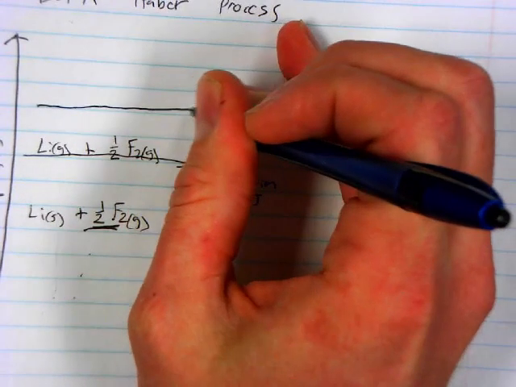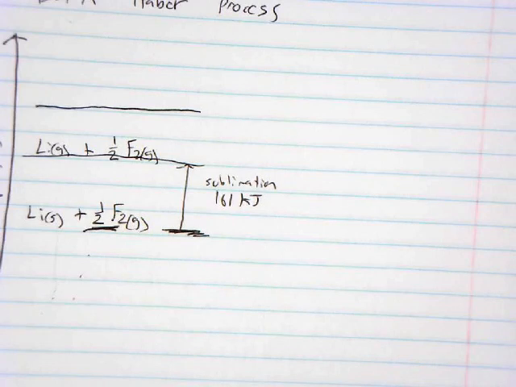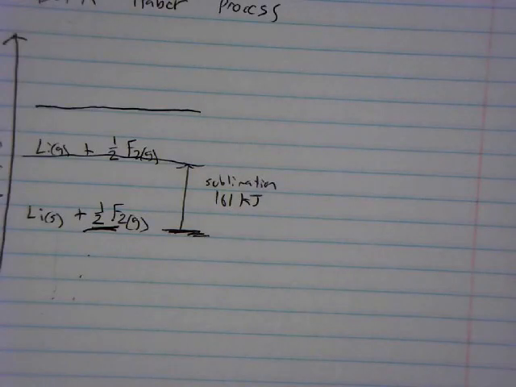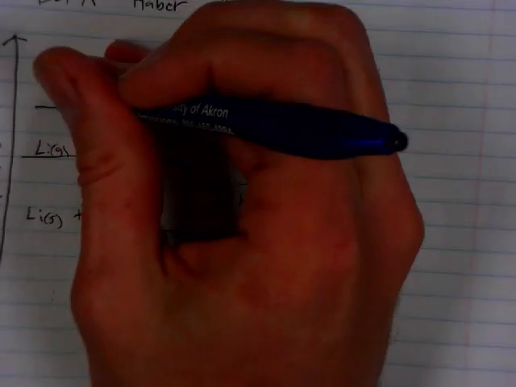Now I have lithium gas plus fluorine gas. The next thing I have to do: can I really react a gas with a gas? What actually reacts in chemistry? Ions. So now I need to ionize this lithium.